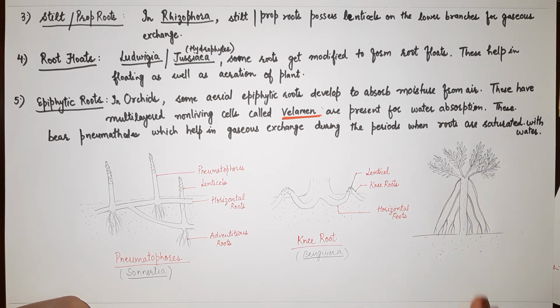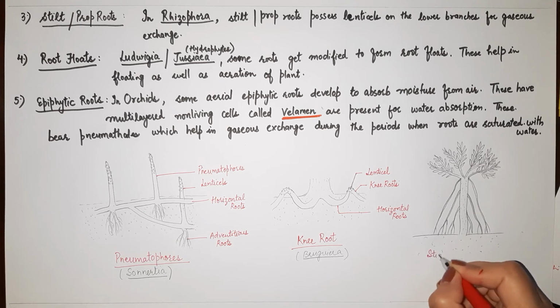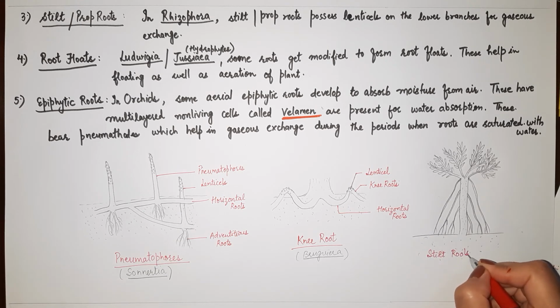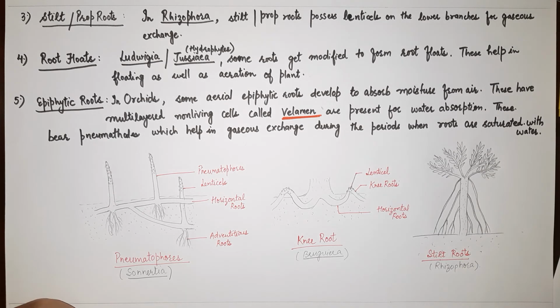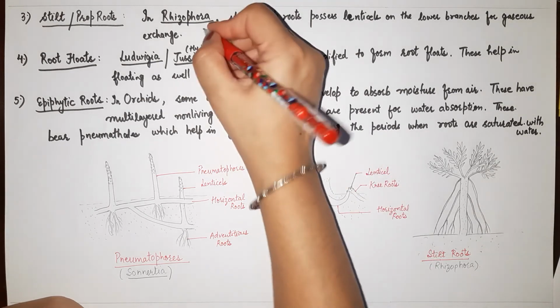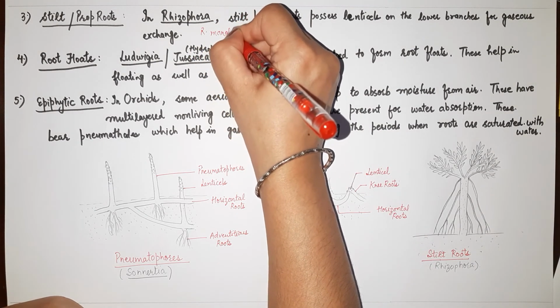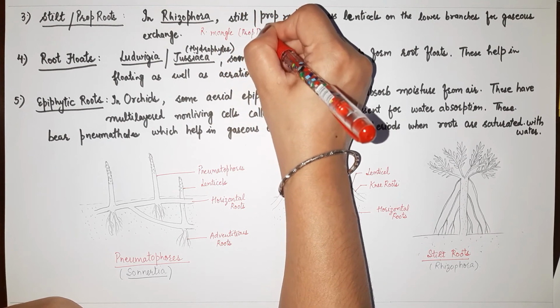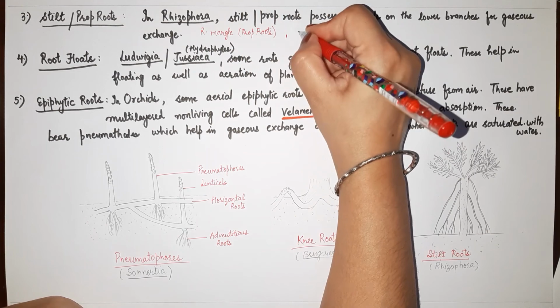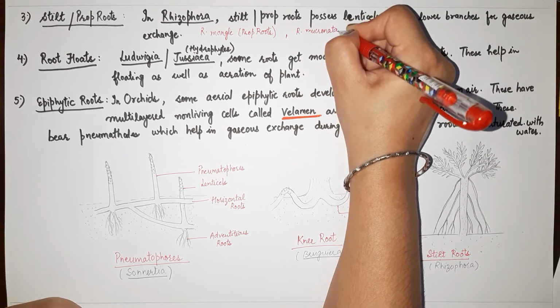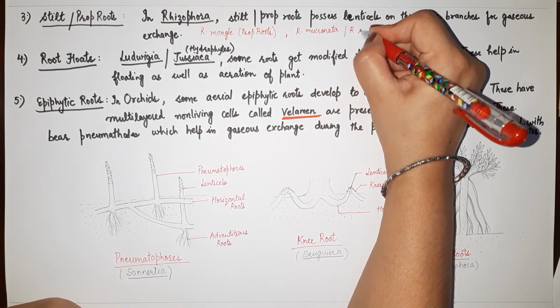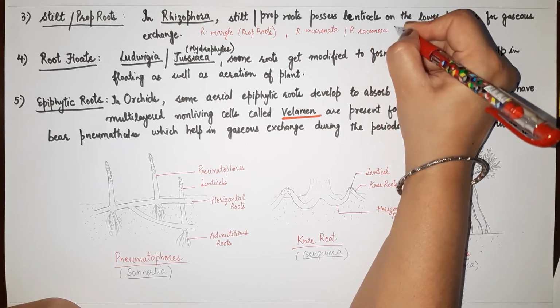Okay. So this is a case of stilt roots, and we are discussing the specimen Rhizophora. Basically, when we talk about Rhizophora mangle, there we see prop roots, and there are other species, for example Rhizophora mucronata or Rhizophora racemosa, in which we see stilt roots.